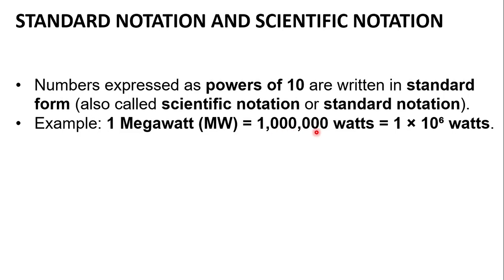So 1 million is the same as 1 times 10 to the power 6. So 1 million watts is just as good as 1 times 10 to the power 6 watts. So this number is said to be in its scientific notation or standard notation.